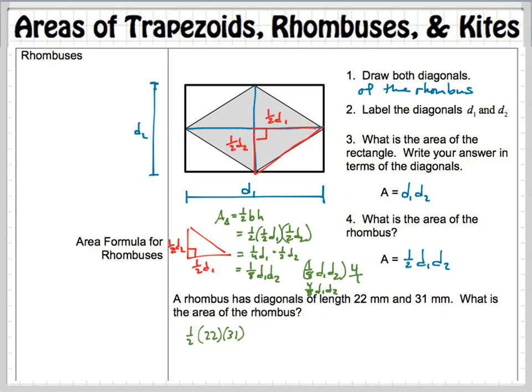So I multiply that times 22, I get 11. 11 times 31, I'm going to have to write that one out here. 31 and 11, it's going to be 1, 3, and that's going to be 1, 3 again. Okay, so it's 1, 3, no, 4, 3. So 341, what is it? Millimeters squared. That is the area of this rhombus.